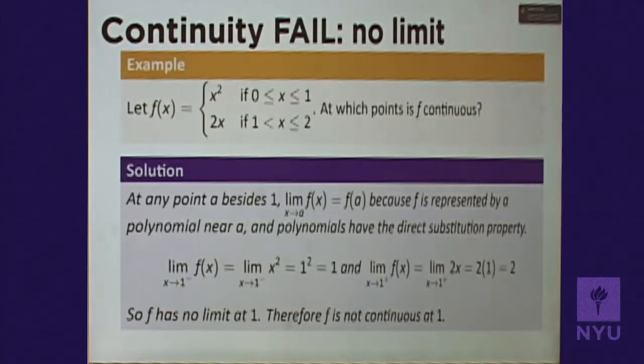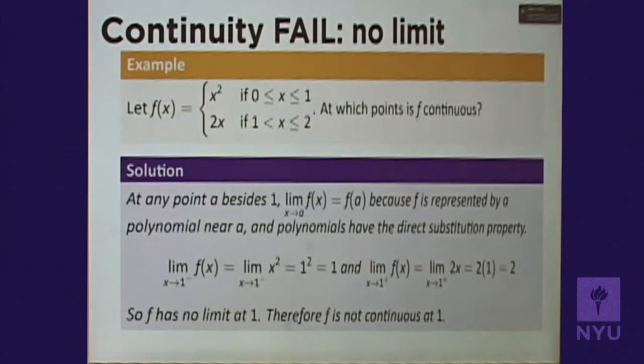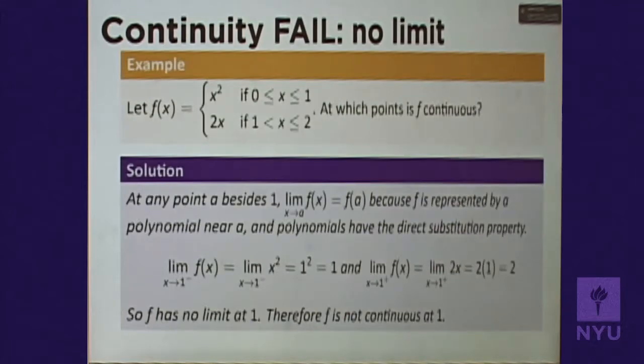Now from the right, we have to use the second rule for the definition of the function. The limit as x goes to 1 from the right-hand side is the limit as x goes to 1 from the right-hand side of 2x, which again by direct substitution is 2 times 1, or 2.